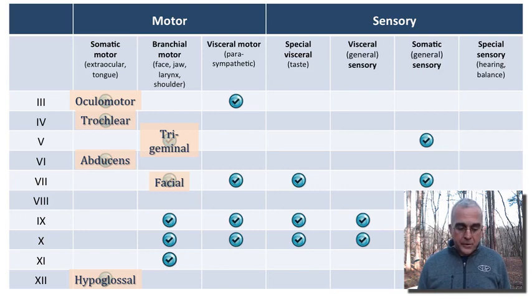Okay, so far so good. We've identified 6 cranial nerve nuclei, and the names of these nuclei all match the nerve that they contribute to. Well, that won't always be the case, as we're about to see. The branchial motor component in nerves 9 and 10 comes from a nucleus appropriately named the nucleus ambiguus.